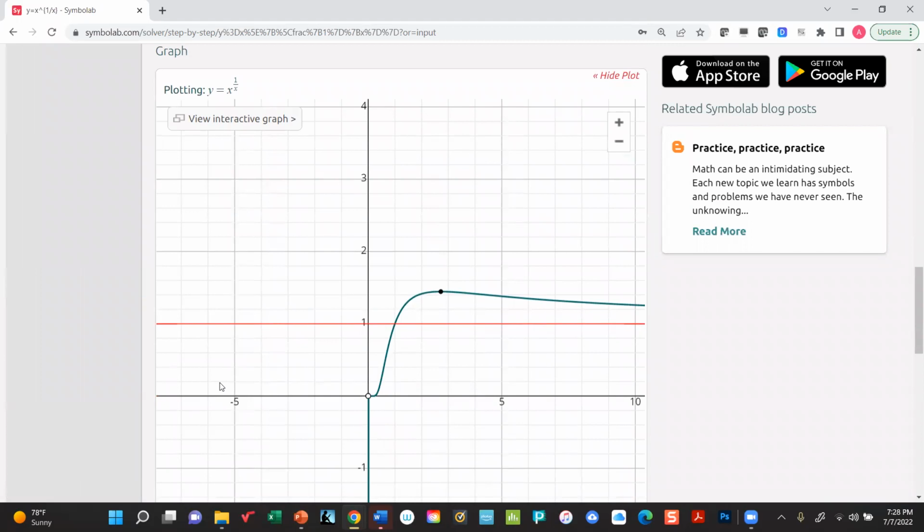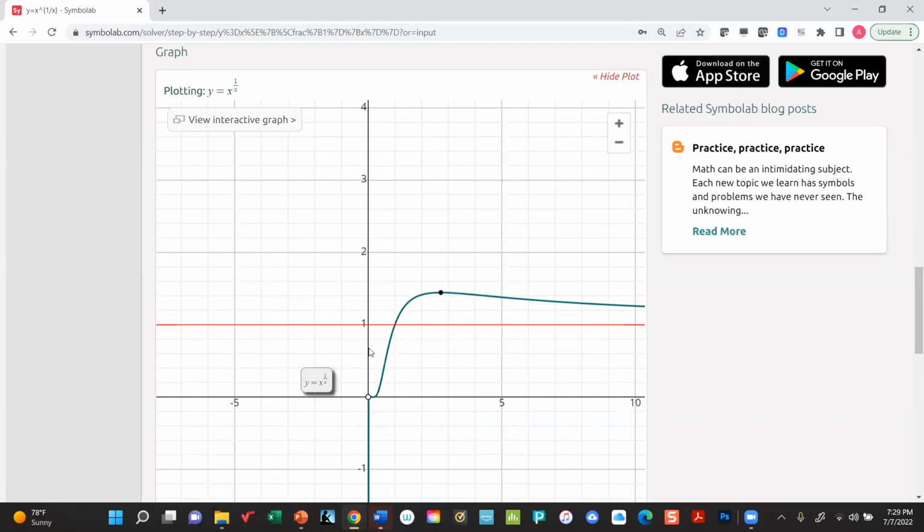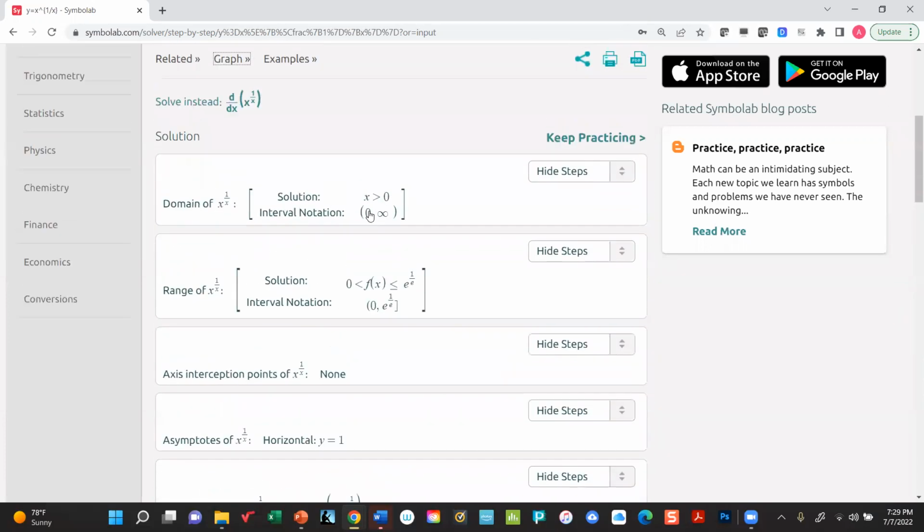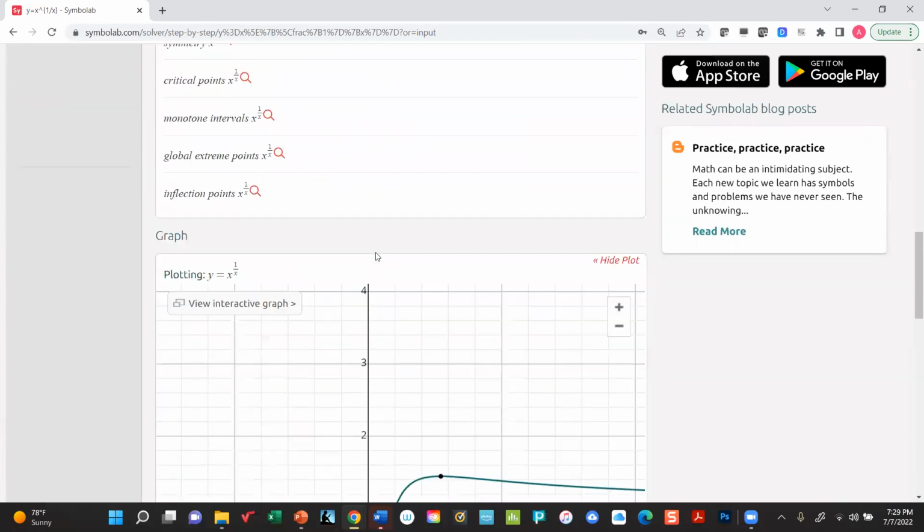Wow, now that's weird. You can see there is an asymptote here at 1. The function only starts not exactly at 0. The domain is 0 up to infinity, not including the 0, as it shows here.